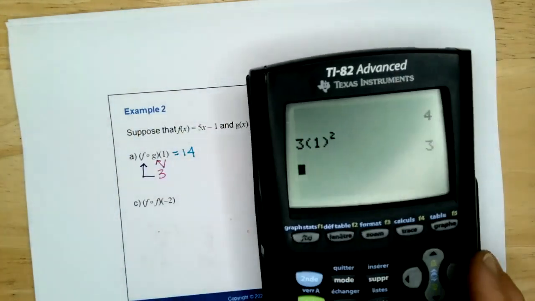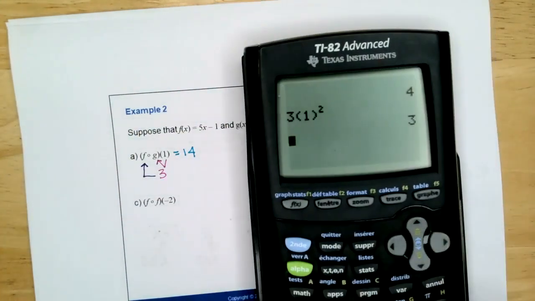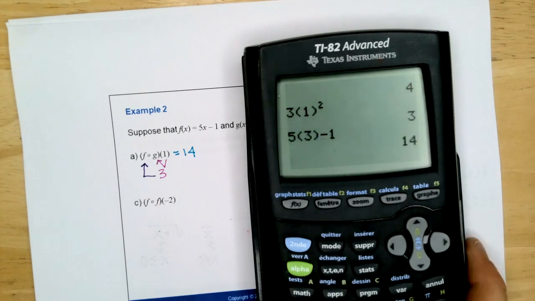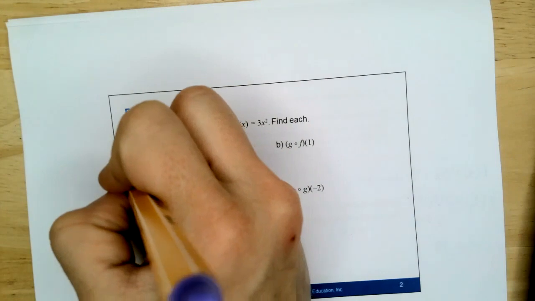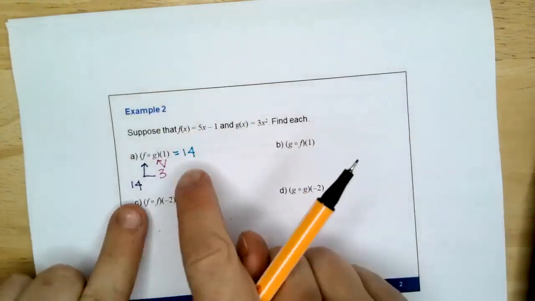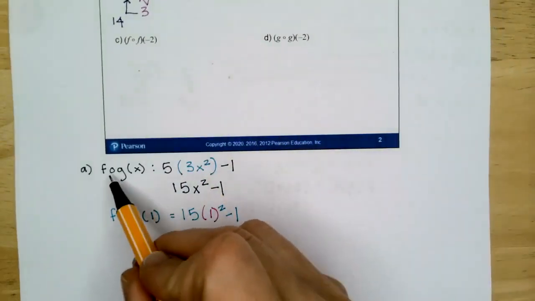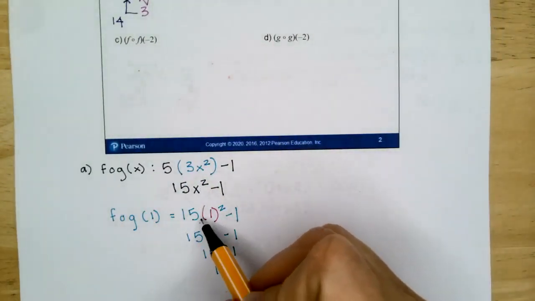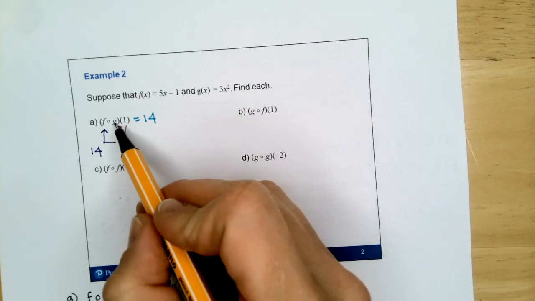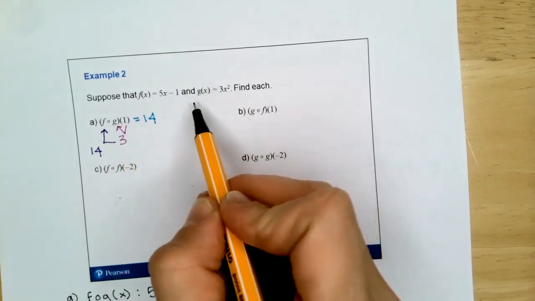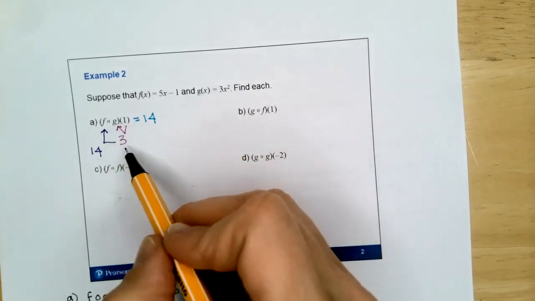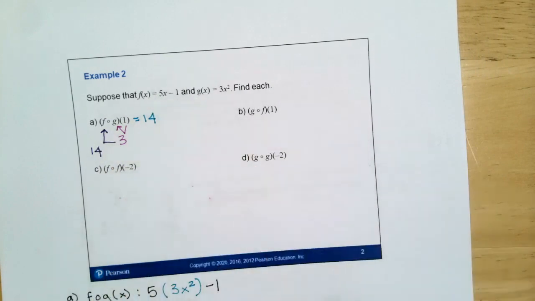F of x is 5 times x minus 1, so that's 5 times 3 minus 1 is 14. Either way, you get the same answer. So you can either find f of g of x and then substitute in the 1, or you can say what is g of 1, and then the answer to g of 1 substitute into f of x.